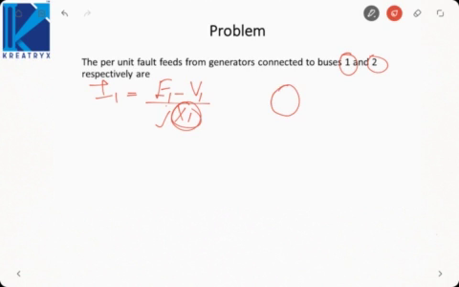Whenever there is an equivalent circuit of a generator, how do we replace it? That is an EMF in series with a reactance. But if we wish to form Y bus, then we saw we have to perform nodal analysis. Then all the voltage sources should be converted to current sources.